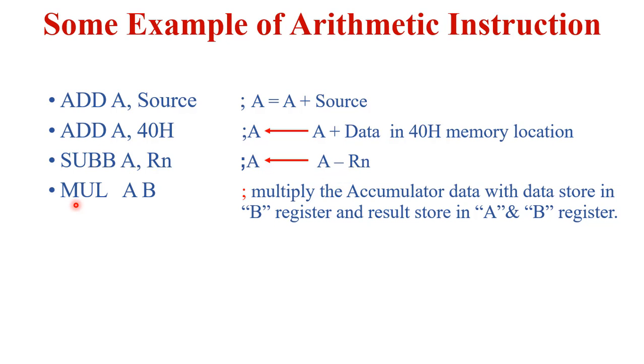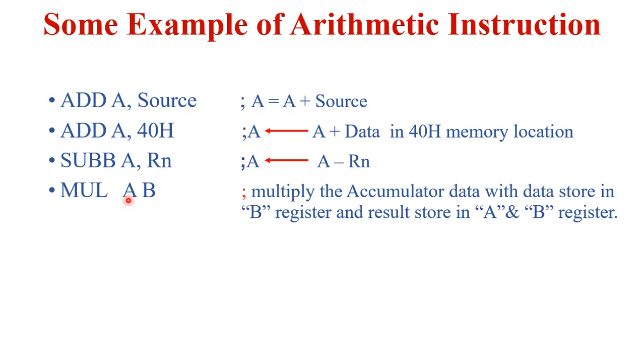The next instruction is MUL AB. This is the example of a multiplication instruction. Multiplication and division instructions are different from addition and subtraction instructions because in this instruction the operands are not separated with any comma. We simply write MUL AB.